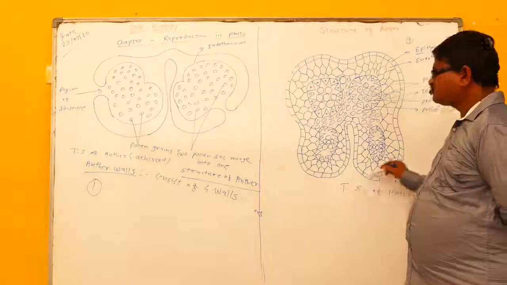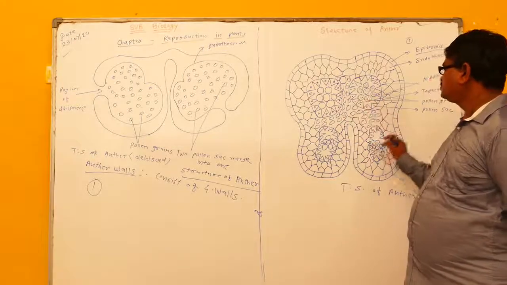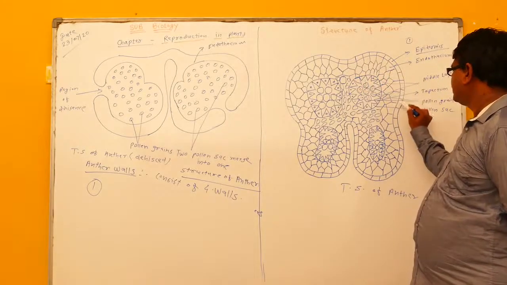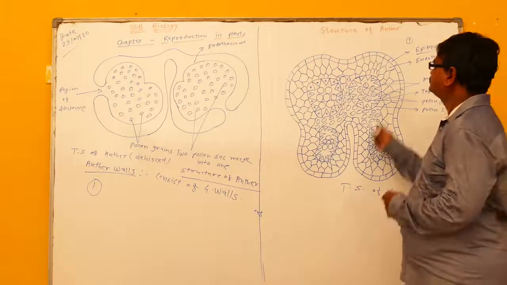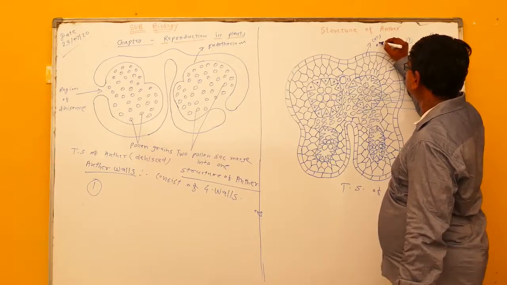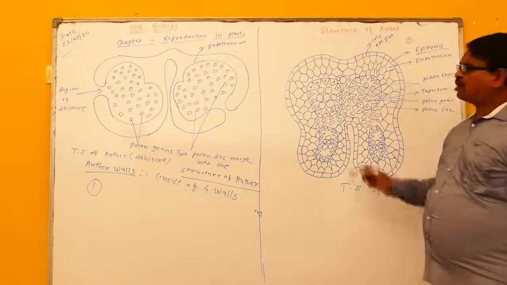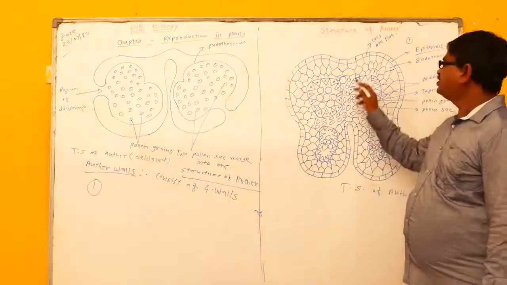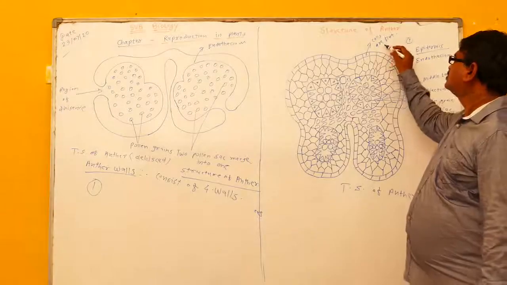It consists of flattened cells, which means all the cells are flat.